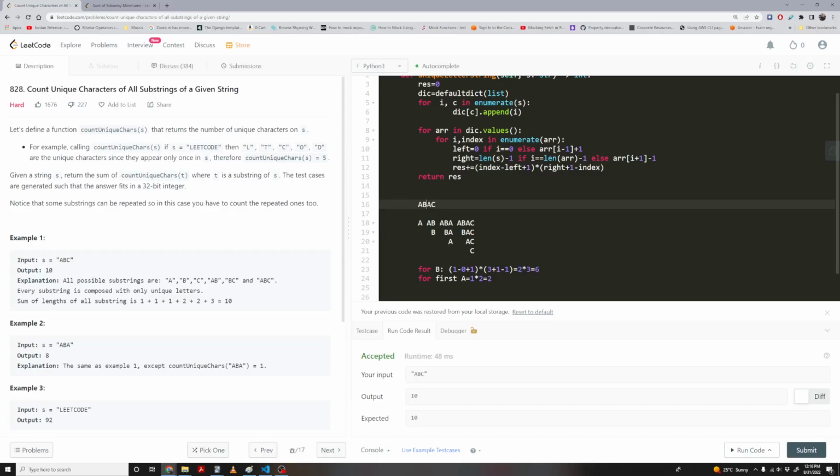On the right hand side, including itself, it's going to be 2. So 1 times 2. So its share is basically the right boundary times the left boundary, inclusive, so including the A itself.